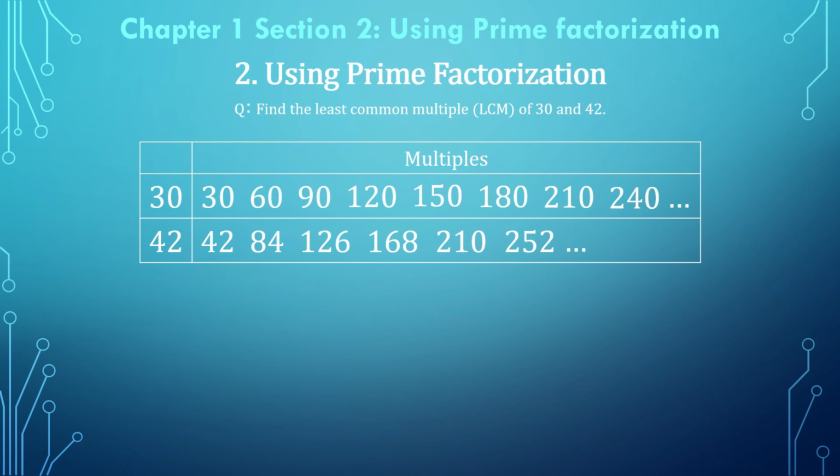You do the same with 42, and you get 42, 84, 126, 168, 210, 252, and so on. Then try to find the common multiple that first appears in both lists, that is the LCM.